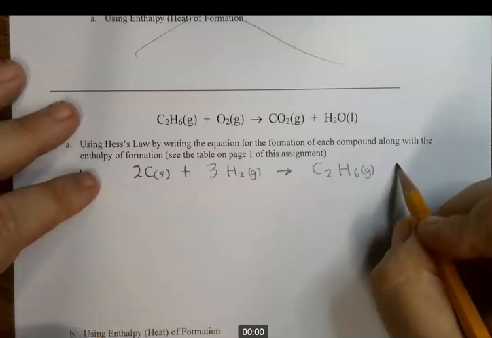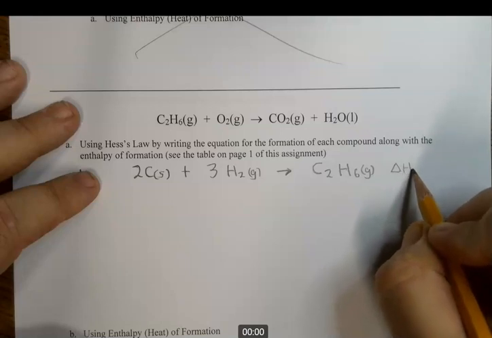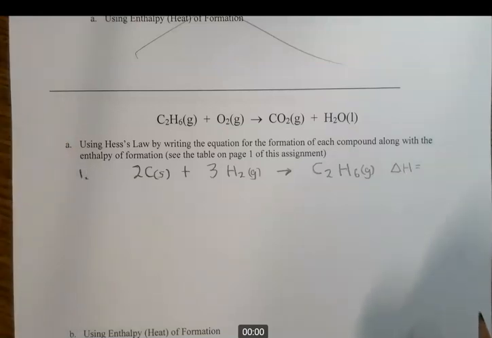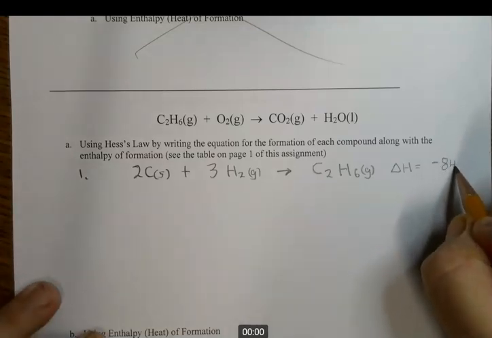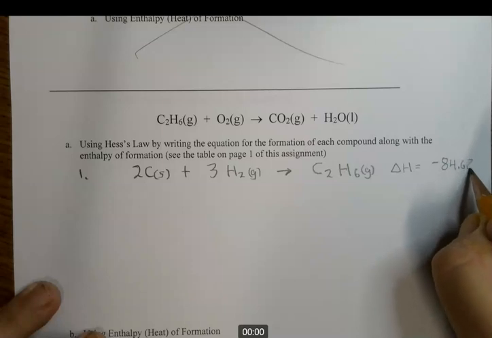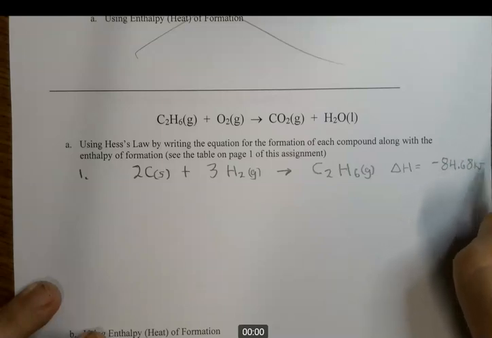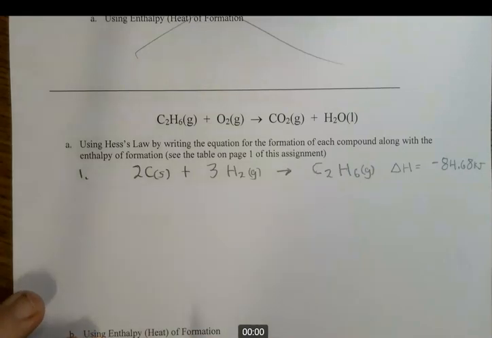Okay, and so the delta H of that is going to equal, you can grab your purple sheet. And ethane is negative 84.68. It was also on the front page because it was one of the ones we did on the front, 84.68 kilojoules. Then you could put per mole because it is for 1 mole of that.